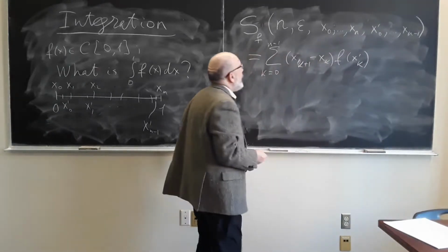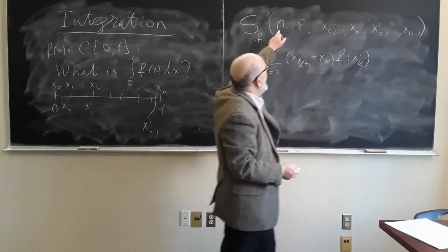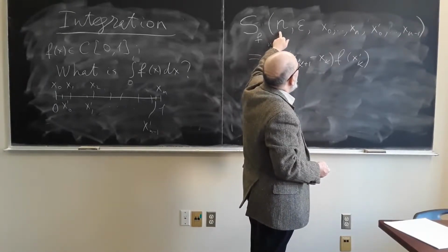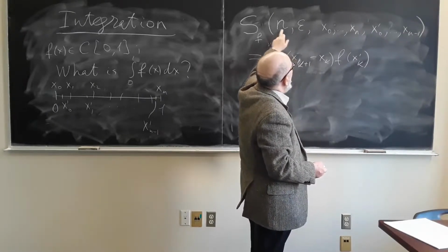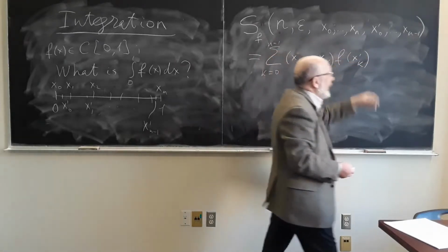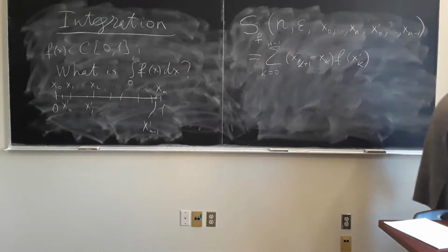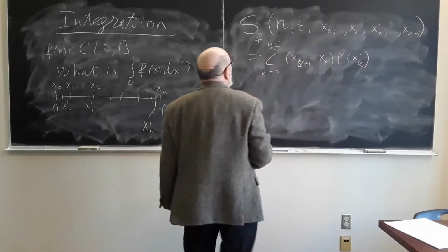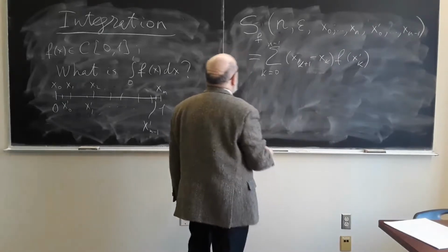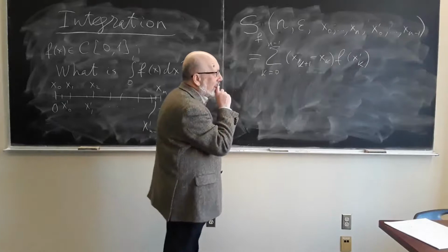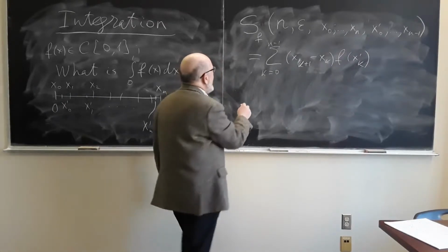n is the number of points, n plus 1 in fact, the number of segments of the partition. And epsilon enters a condition for the domain of this function. So the domain is defined by the following conditions.